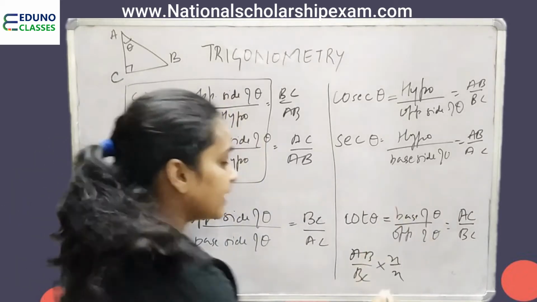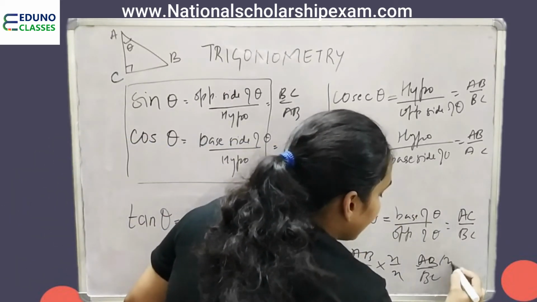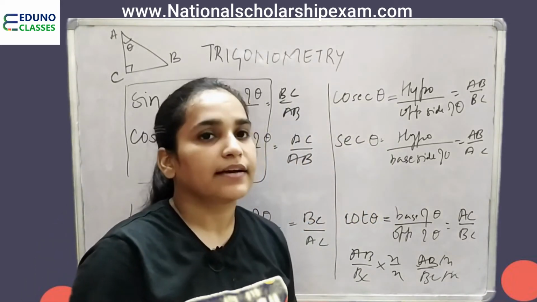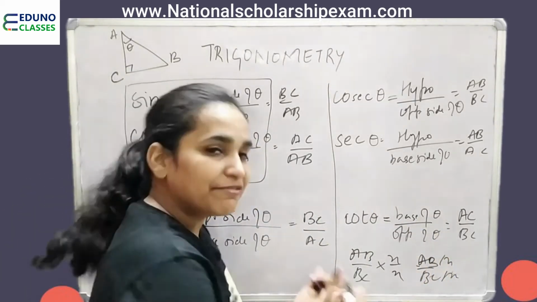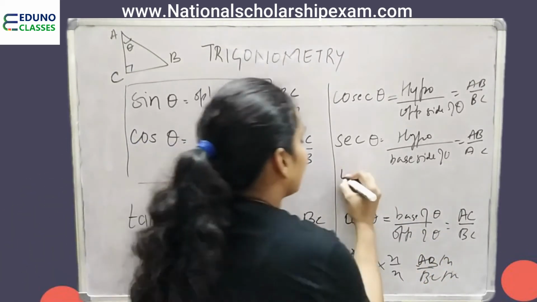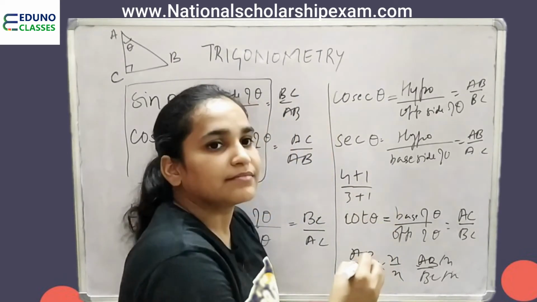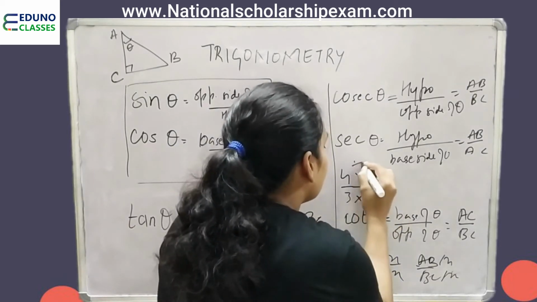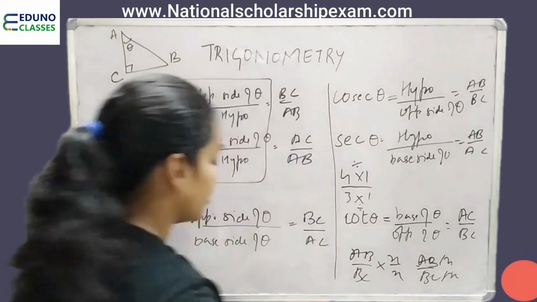Or we can divide AB by BC, both numerator and denominator, by x, and it will make no difference. We cannot add or subtract the same thing in a ratio because then it will make a difference. If there is 4 by 3, we cannot write plus 1 plus 1. We can only multiply or divide, we cannot add or subtract. This is the basic, I am sure you must be knowing.